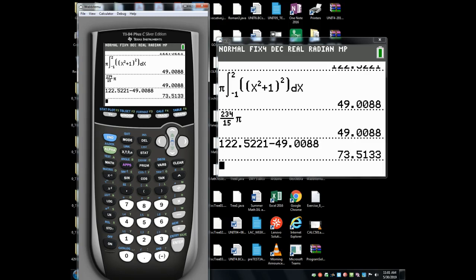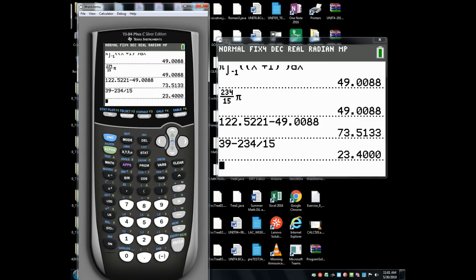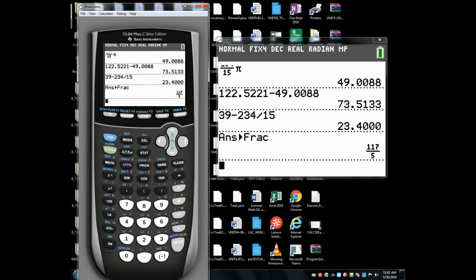Now I'm curious, what if I said 39 minus 234 fifteenths times pi, right? So that's an exact answer. And you could write 117/5, or 23.4 times pi. 117/5 times pi, same thing.